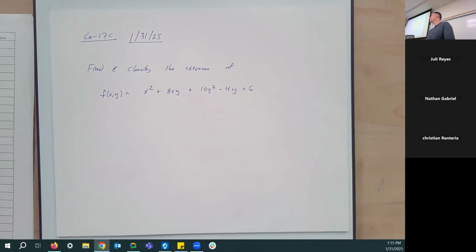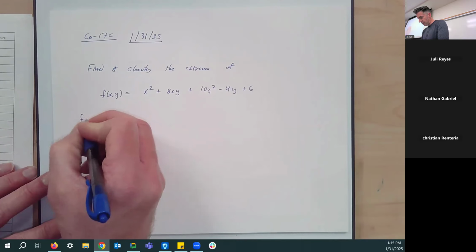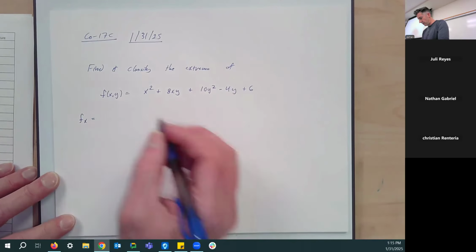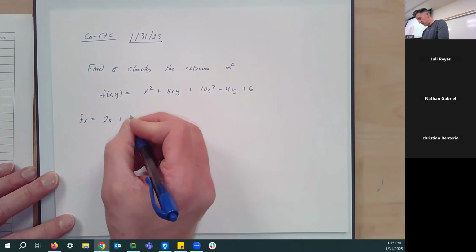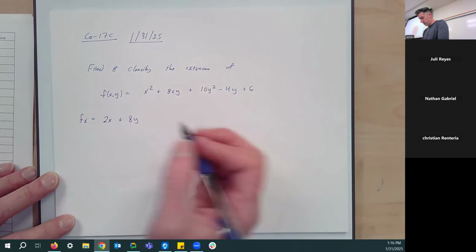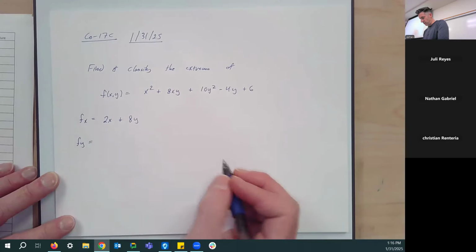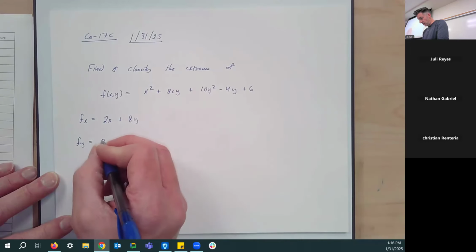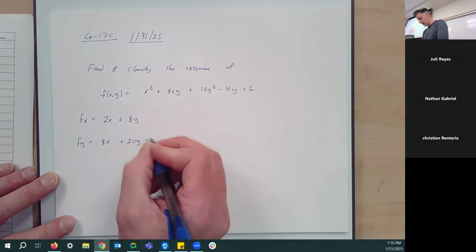So what's the first step? Find the partial derivatives. So we're going to have fx, which is going to be 2x plus 8y, and then fy, which is going to be 8x plus 20y minus 4.